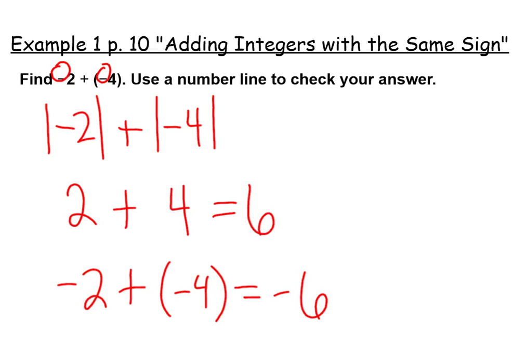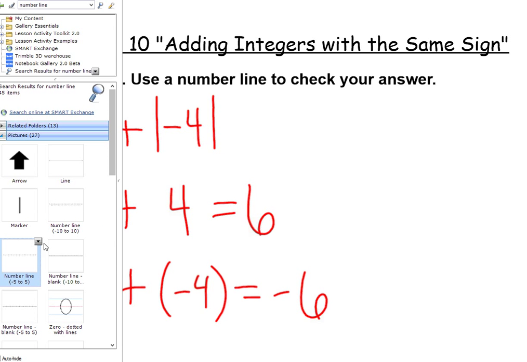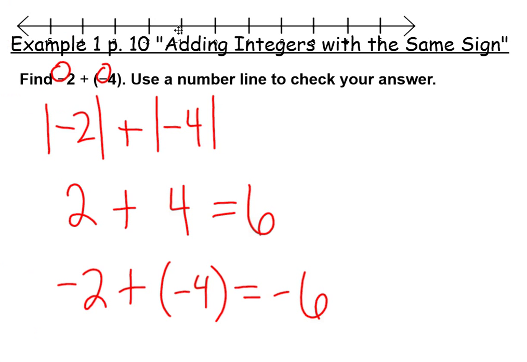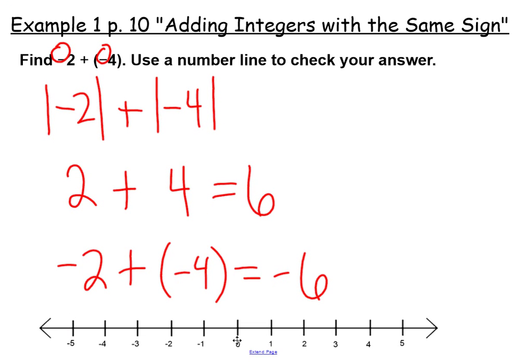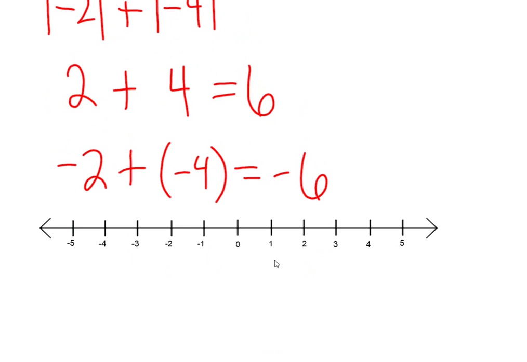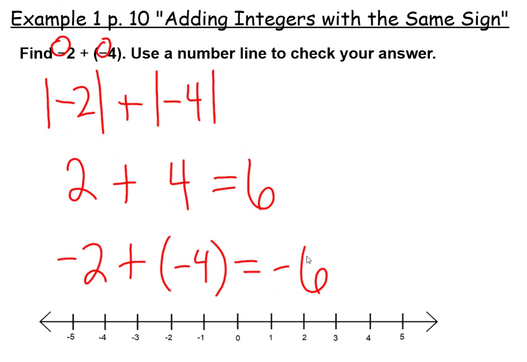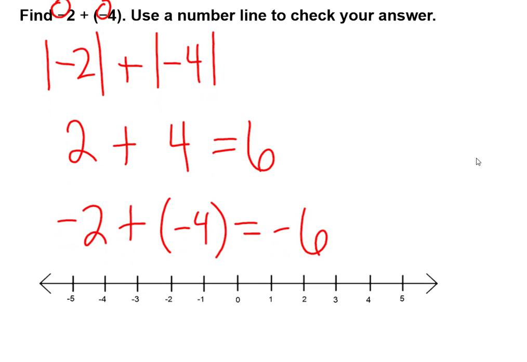Let's go ahead and check this by using a number line. I'm going to insert a number line here. Okay, there we go. And on this number line, we always start at 0 first of all, but then we're going to move to negative 2. So I'm starting at our starting point, which is always 0, and I'm going to move 2 spaces here to negative 2.